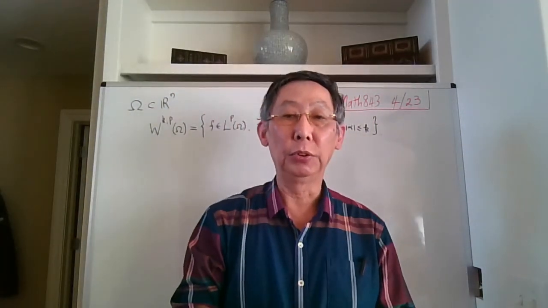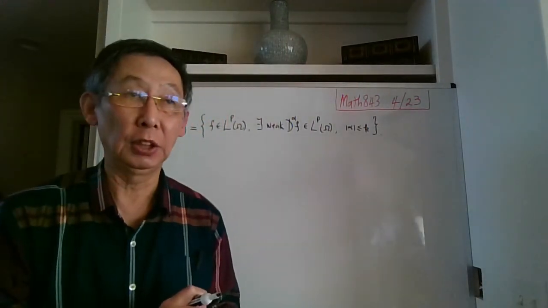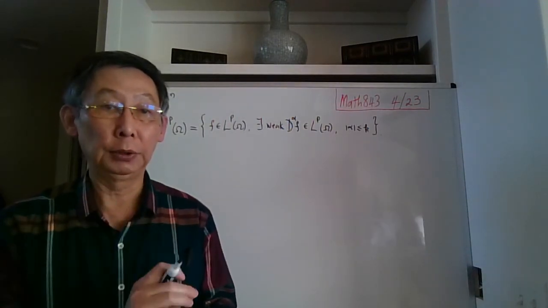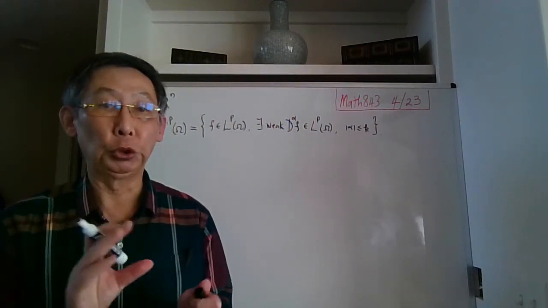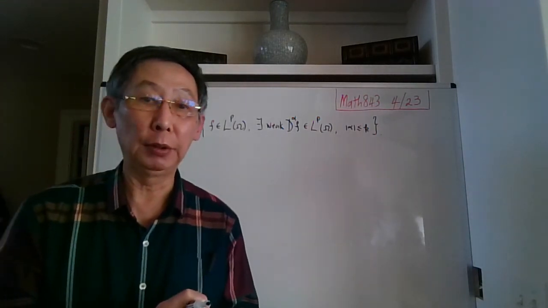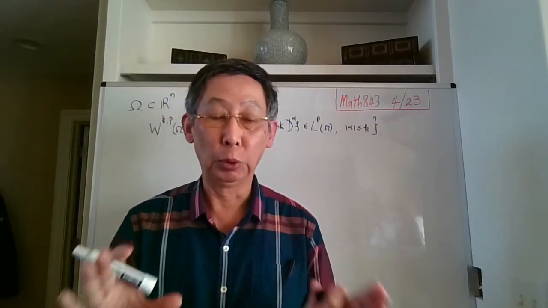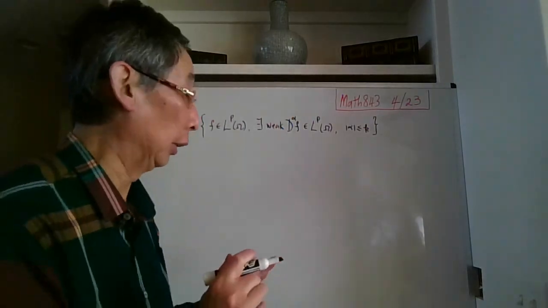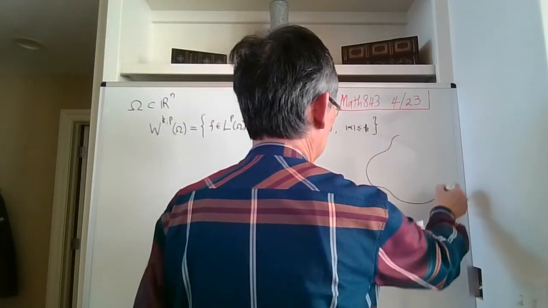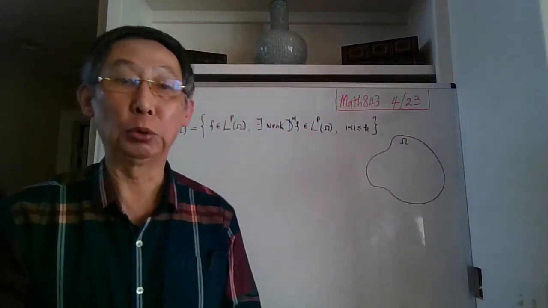So today we're going to see some examples, and we have seen such an example before in the one-dimensional case, where there is a function which carries a corner, which is not differentiable in the traditional sense, but however, the function is still differentiable in the weak sense. So we're going to see such an example in the multidimensional case. Let's say that this is Omega, and I don't care what the boundary is.